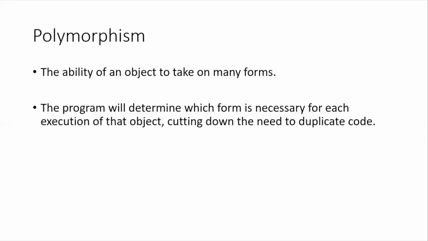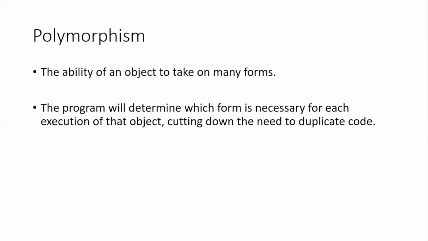What is an example of polymorphism? The best example is a human being. We play different roles at the same time. So one person is playing multiple roles. One person is available in multiple forms, right? So that is a real life example of polymorphism.